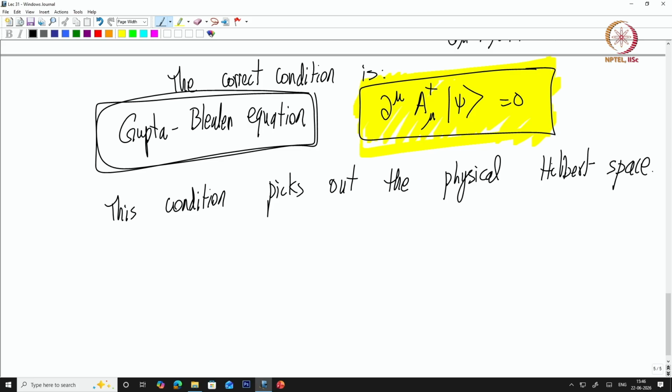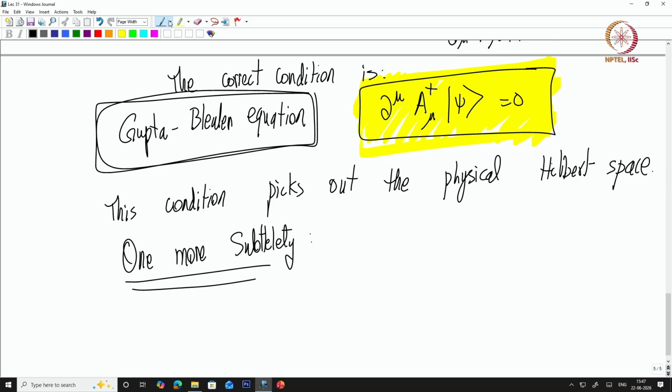But does it actually pick out the physical space? There is one more subtlety.